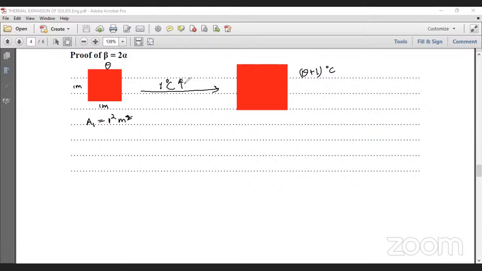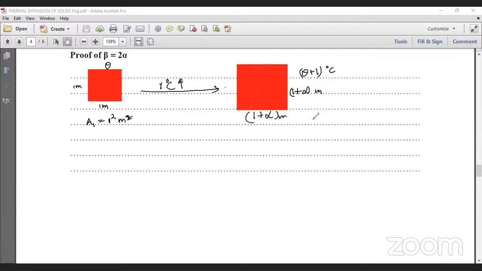If you increase the temperature by 1 Celsius degree for a 1 meter length of a rod, its length increases by alpha. That is the definition of alpha, the linear expansion coefficient of the material.